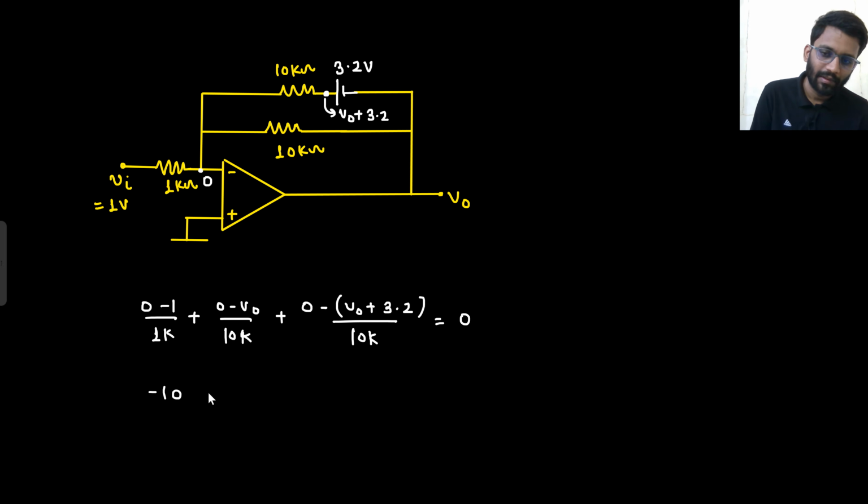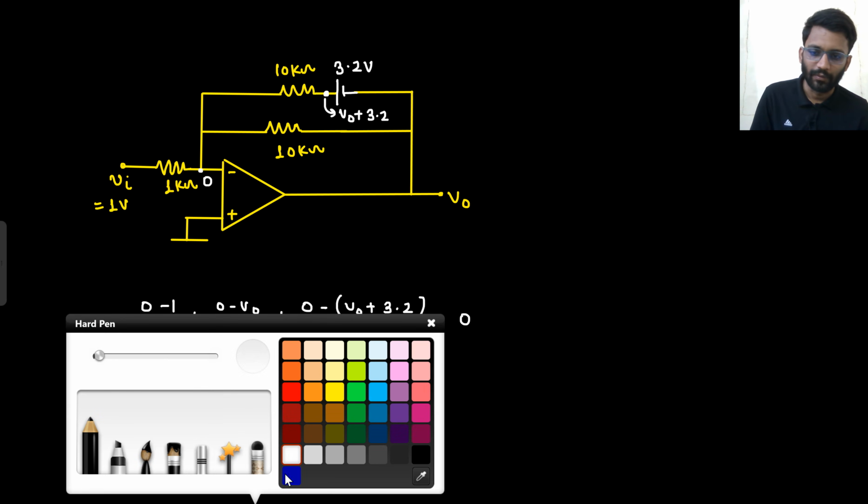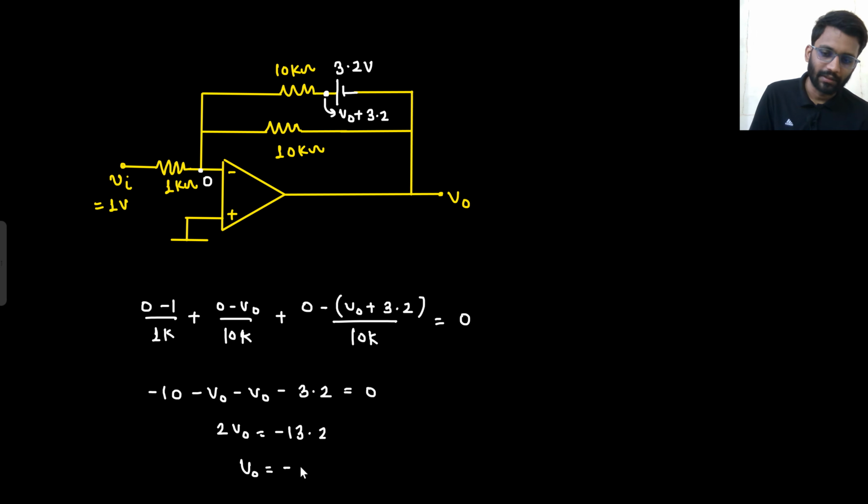Minus 10 minus V0 minus V0 minus 3.2 is equal to 0. 2 V0 is equal to minus 13.2. So V0 will be 13.2 divided by 2, which is minus 6.6 volt. V0 will be minus 6.6 volt.